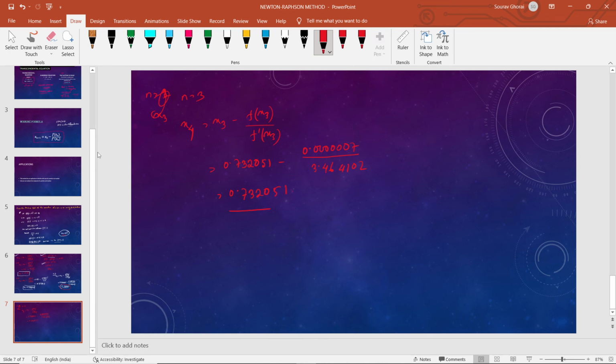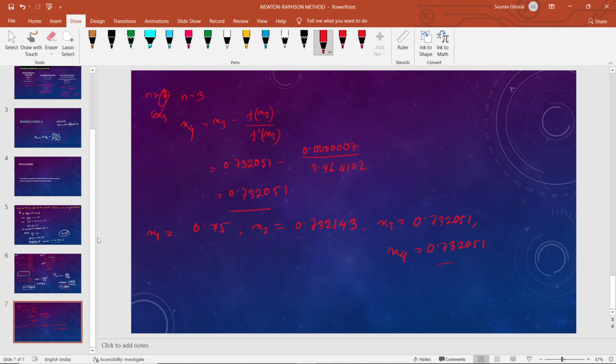0.73205. See here what we get: x1 is equal to 0.75, x2 is equal to 0.732143, x3 is equal to 0.732051, and x4 is also 0.732051.